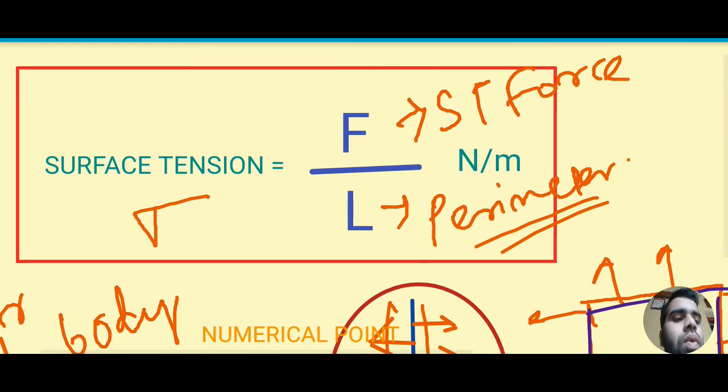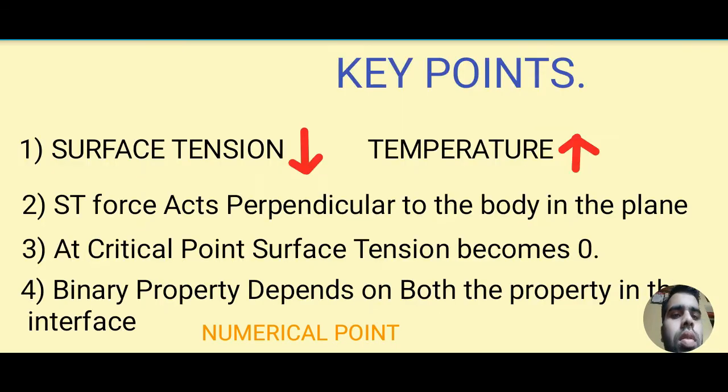Now let's see the key points, the properties that surface tension possesses. The first thing is that surface tension decreases when temperature increases. So surface tension depends on the temperature.